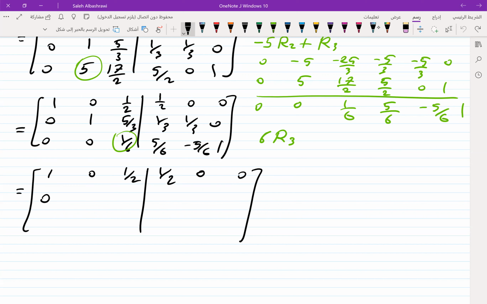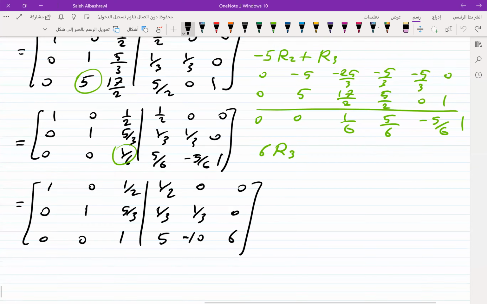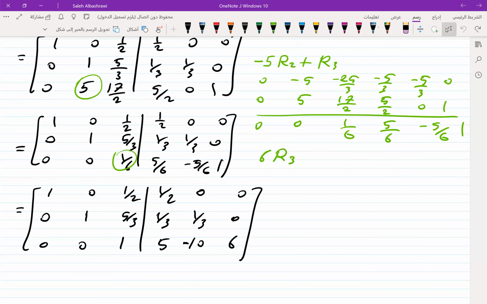And second row, 0, 1, 5/3, 1/3, 0, this will be 0, 0, 1, 5, 10, and 6, or minus 10 and 6. Which is minus 5/3.